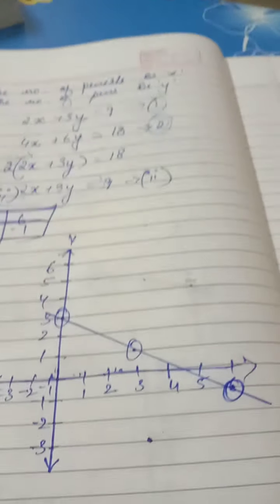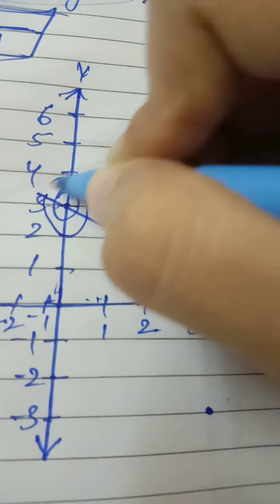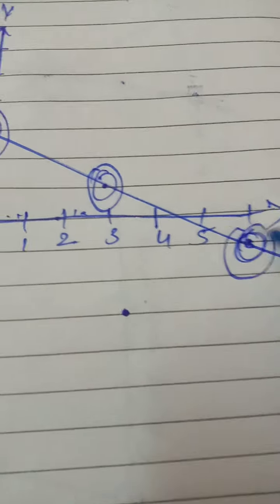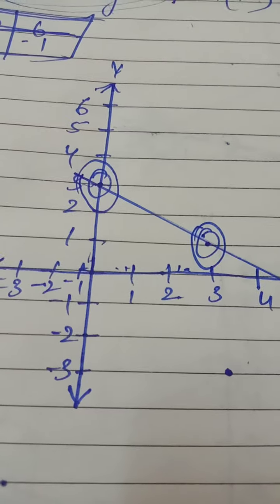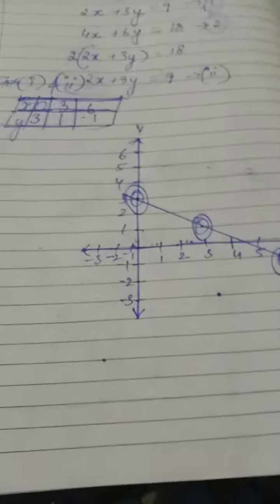The second one also has the same solutions, so we'll be marking it like this, double 1. Or you can find any other solution. Okay, this is a coinciding pair of lines.